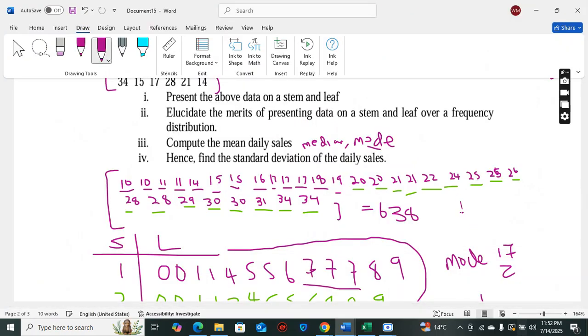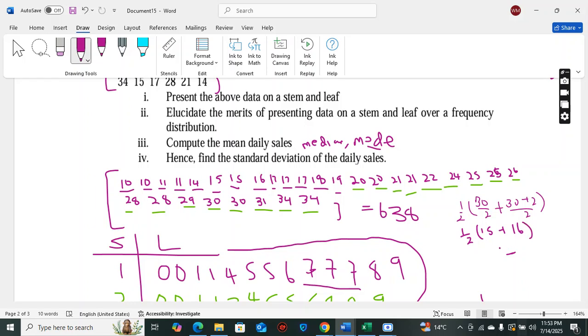Half of n over 2 plus n plus 2 over 2. N is 30, so 30 divided by 2 is 15, plus 32 divided by 2, that is 16. 15 plus 16 is 31.